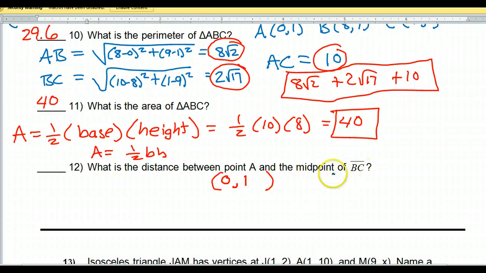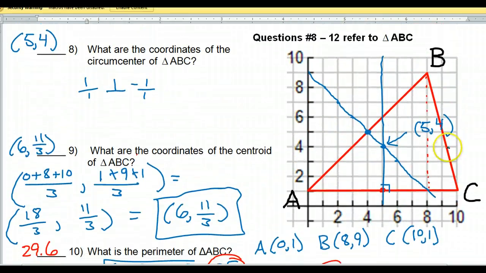What about the midpoint of BC? The midpoint of BC is right here. That's the point 9, 5, right? 9, 5.